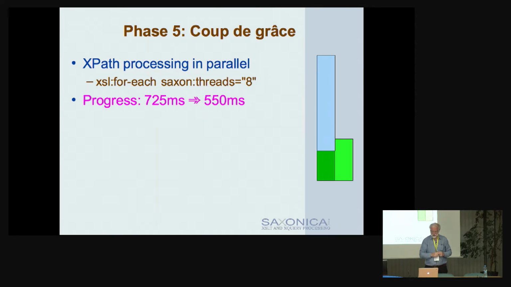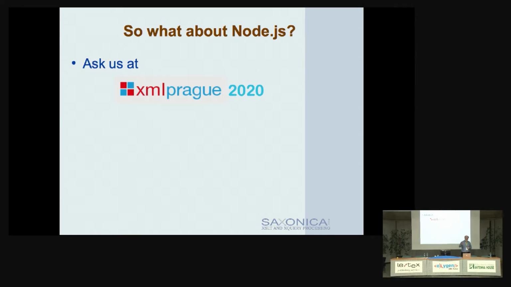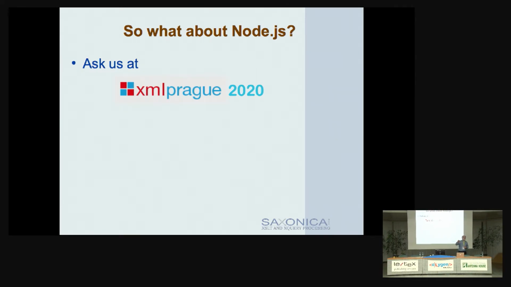And that got us down to 550 milliseconds. So we actually overshot the target quite nicely. What about Node.js? Ask us next year. The Java side took longer than intended, but we'll tackle that next.